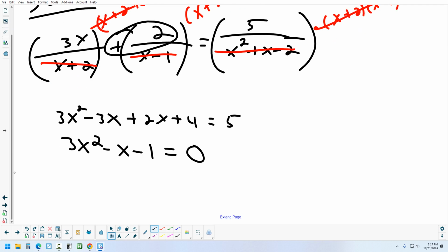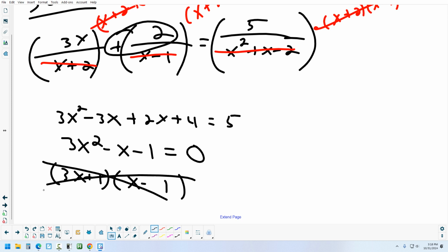Okay, so we could try to factor that, but I'm not sure that would work. Your signs have to be a plus and a minus, and two numbers that multiply to give you 1. You only have 1 and 1. So you would end up with minus 3 plus 1. That's a minus 2. That's not what I want. So that's not going to work.